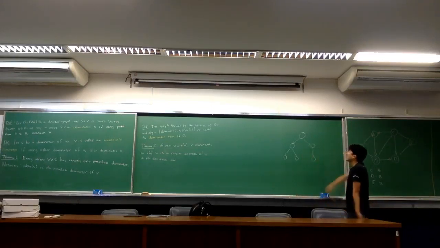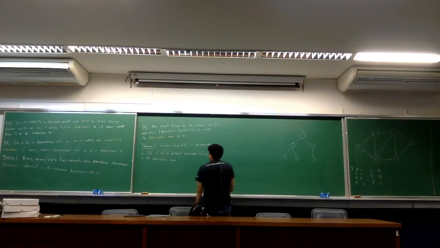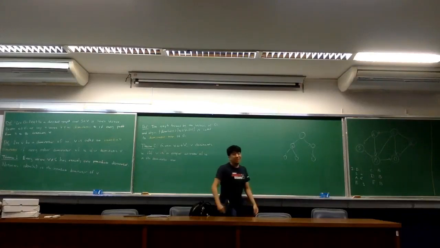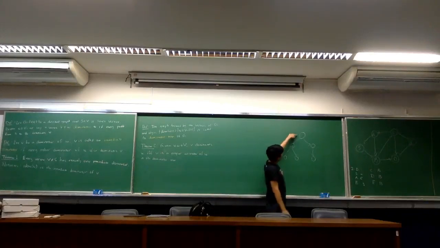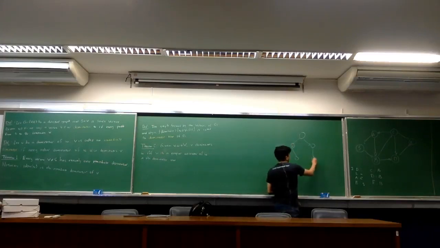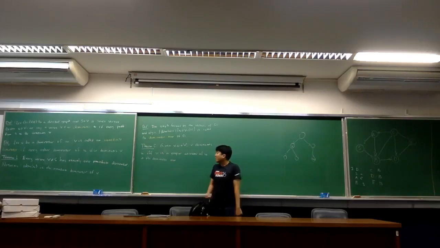Suppose this is the dominator tree for some graph. This theorem is saying that for any vertex V, the dominators of V are all the ancestors of V. In this case, just this vertex. For this one, these two are dominators of V. And that's if and only if.